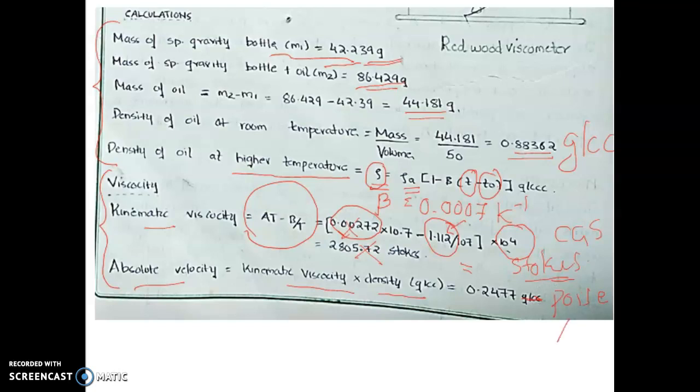Poise is also a unit in the CGS system. After determining the kinematic viscosity and absolute viscosity for each set of readings, we need to plot a graph of Redwood seconds, kinematic viscosity and absolute viscosity against temperature.